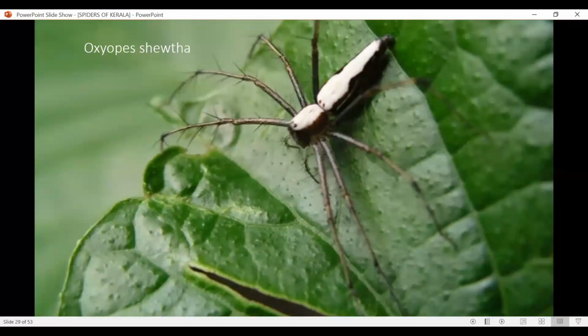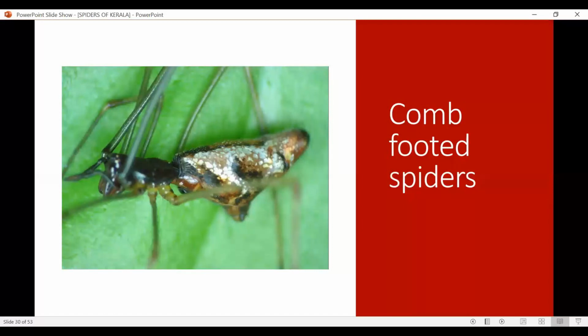Now another is the comb-footed spider. Comb-footed spiders belong to the family Theridiidae, and they are known as comb-footed spiders because if you look at the tarsus of the fourth leg, it has a series of spines which appear like a comb. The purpose of this comb is that they use it to draw out the sticky threads and wrap the prey.